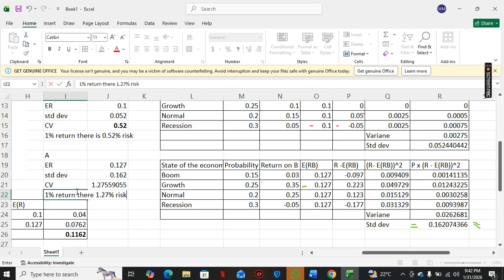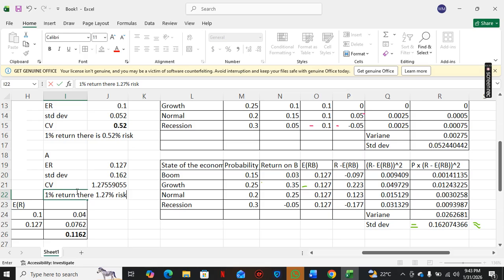So there is more risk attached for every return that you get. Okay? So you would label investment B as a risky investment because the risk exceeds the return. Okay?